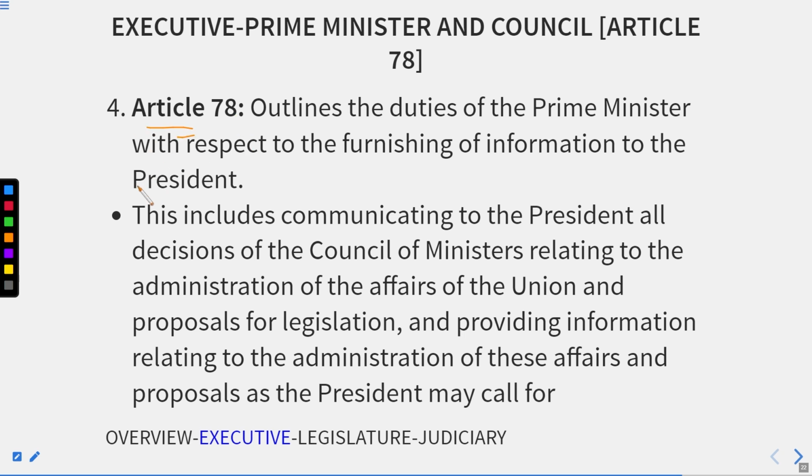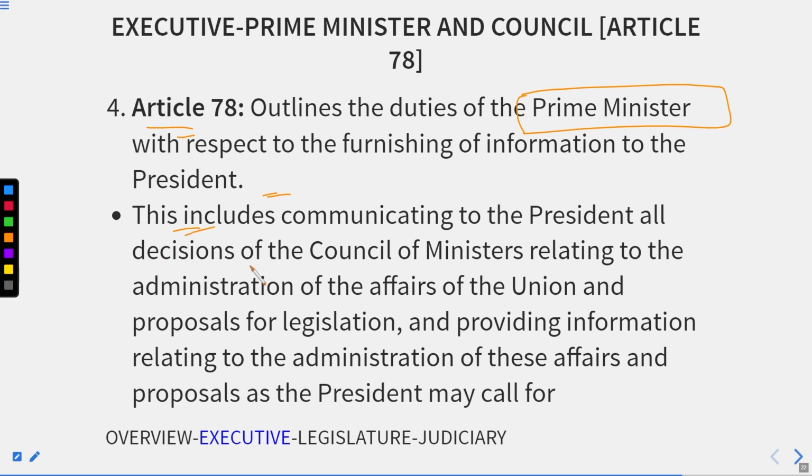Thereafter, we have Article 78, which outlines the duties of the Prime Minister with respect to the furnishing of information to the President, like what is going on in the Council of Ministers, okay, how the ministry has been performing, okay, and what decisions are required to be taken, and any other information the President of India requires, then he will be asking the Prime Minister for it, okay.